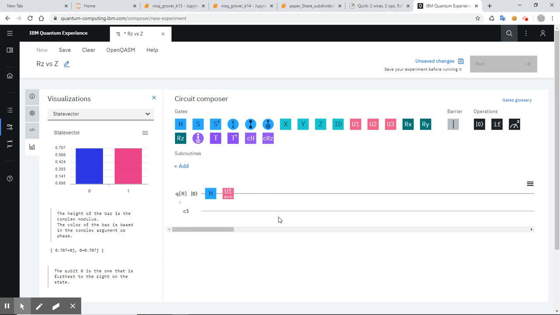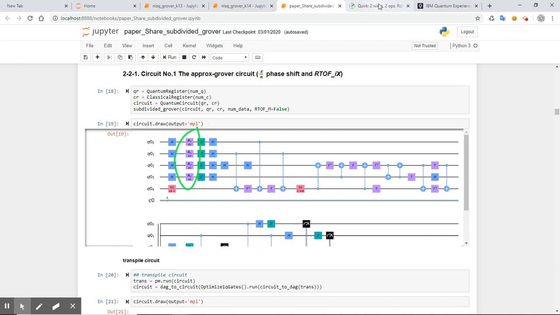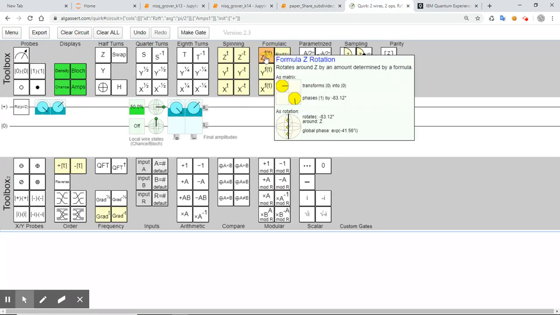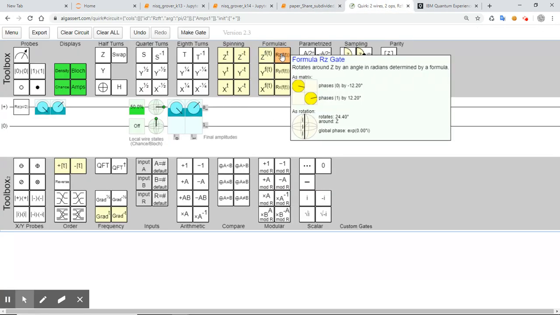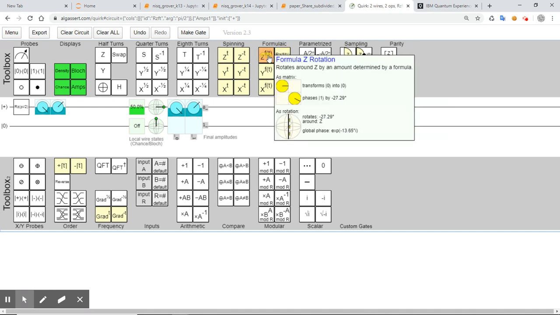Because it seems like in the IBM Q experience, the RZ gate rotates around the Z by an angle in radians determined by a formula.